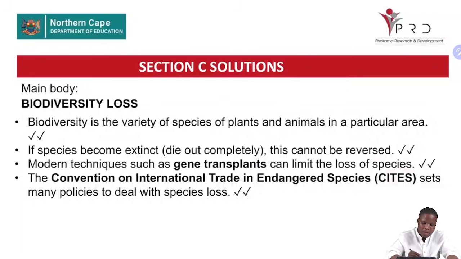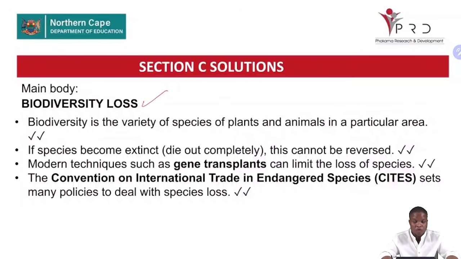Right, so your problem is biodiversity loss. Biodiversity is the variety of species of plants and animals in a particular area. If species become extinct, meaning they die out completely, this cannot be reversed. No one can make these species if they die out completely, right?